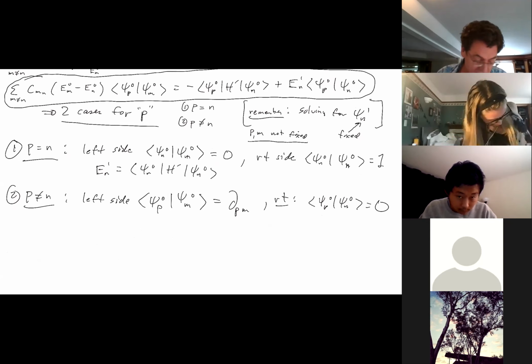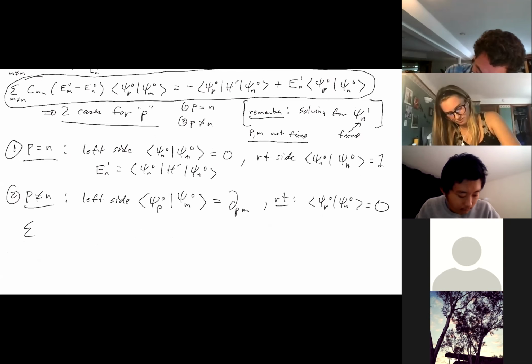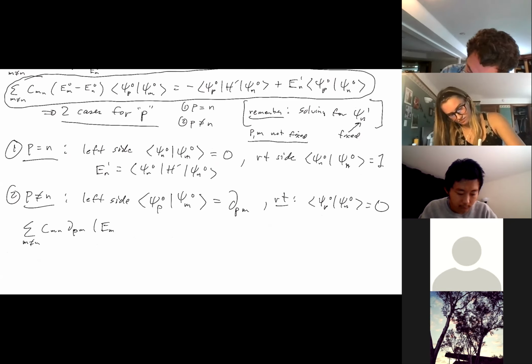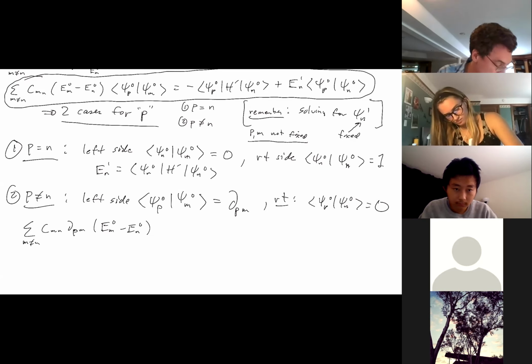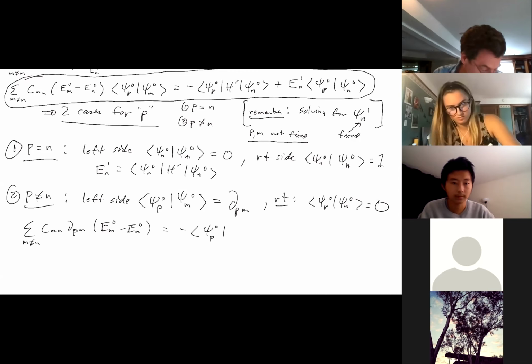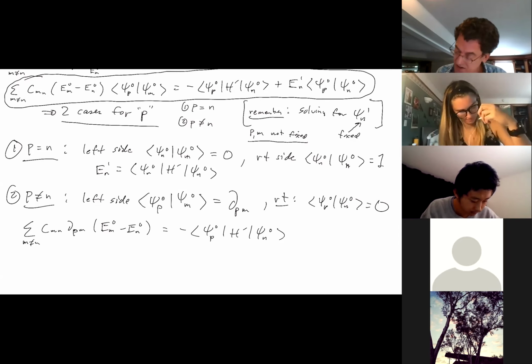And so now our big complicated equation: I have the sum over m not equal to n, c m n, Kronecker delta p m, times e m naught minus e n naught, is equal to negative psi p naught h prime psi n naught. Okay, that's our equation.